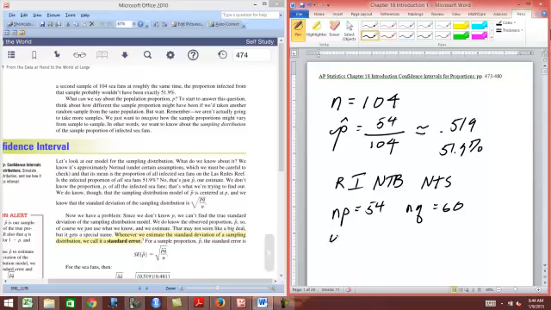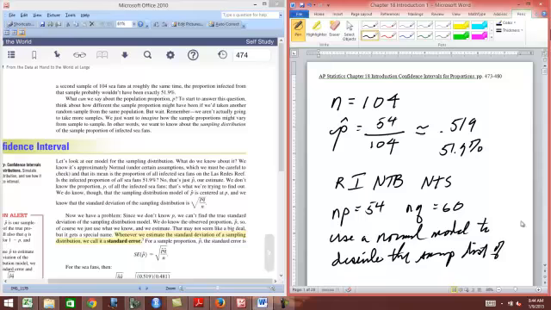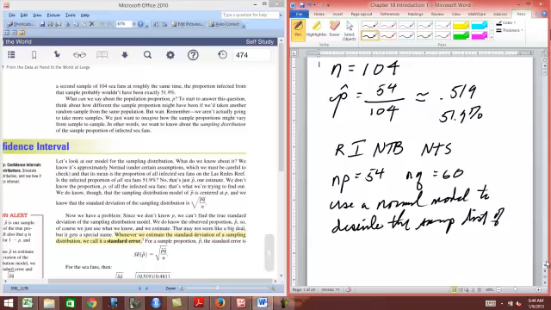Therefore, we can use the normal model to describe the sampling distribution of p hat, which equals 54 over 104.